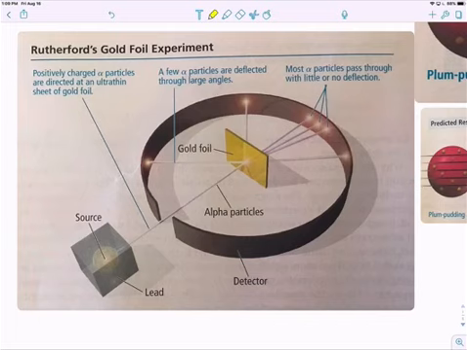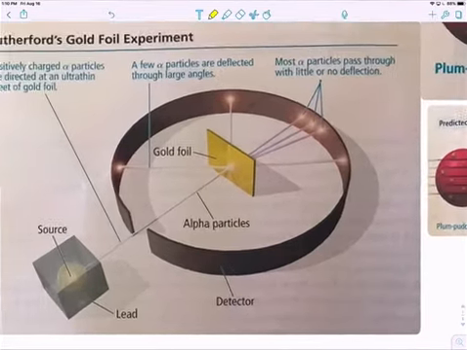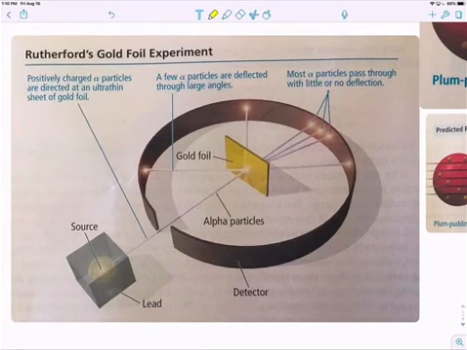So he's like, "We're going to verify the plum pudding model is correct." He took an alpha source, some radiation encased in lead with a hole in it, so some alpha particles were flying through.